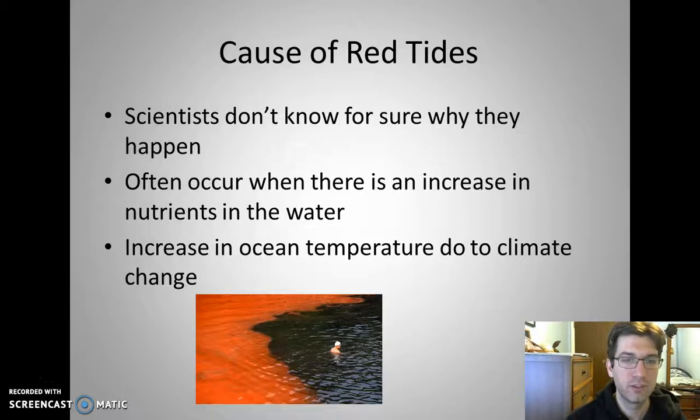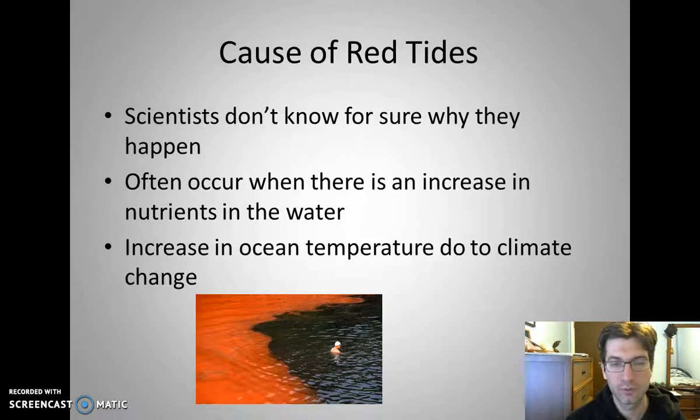A lot of times these are seasonal and can be predicted, because when cold water has a lot of nutrients in it from all the dead things that fall down there, it gets upwelled into the warmer water where the algae is, they mix, and therefore it thrives. So that could be a natural phenomenon.